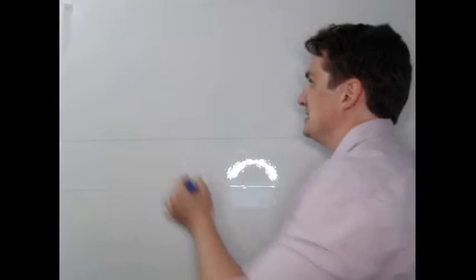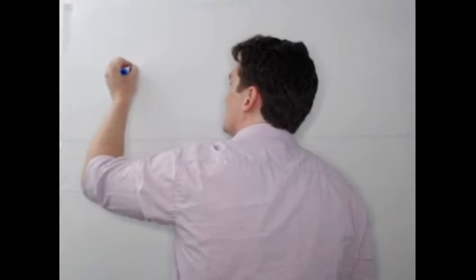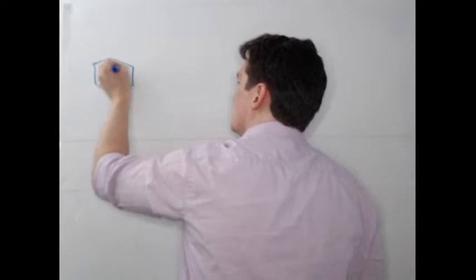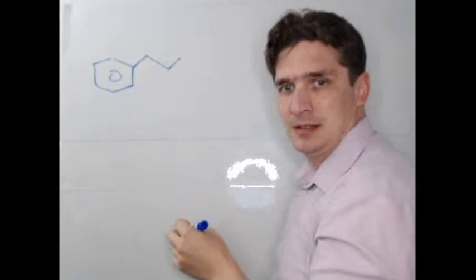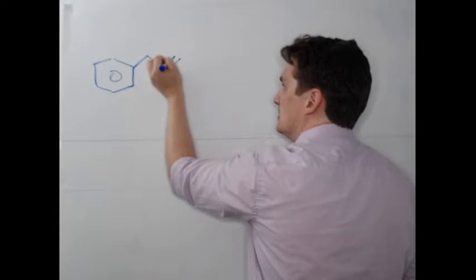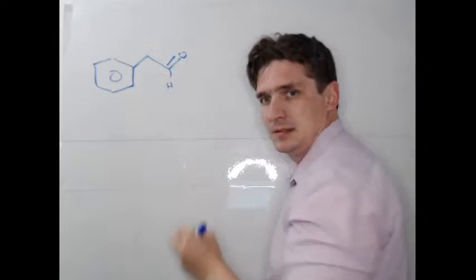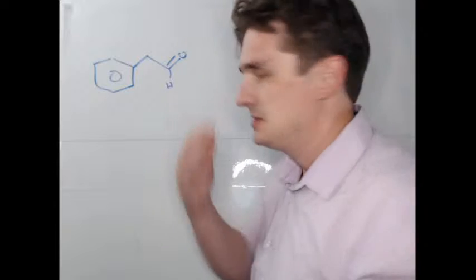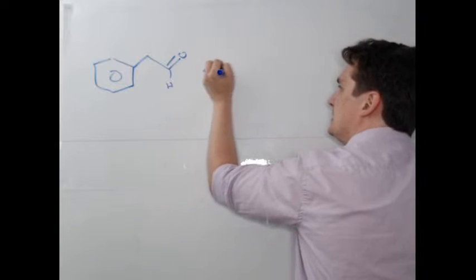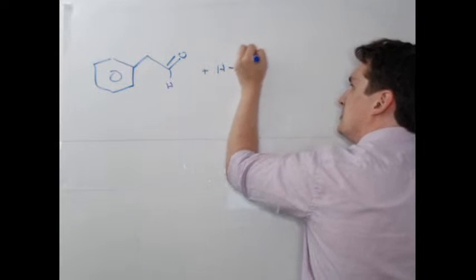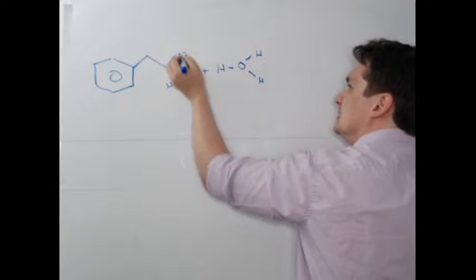All right, so show the mechanism of how the starting aldehyde is converted to the enol form using the mechanistic arrow. So these are acid catalyzed conditions. With acid catalyzed conditions, the first thing we're going to do is protonate the oxygen.